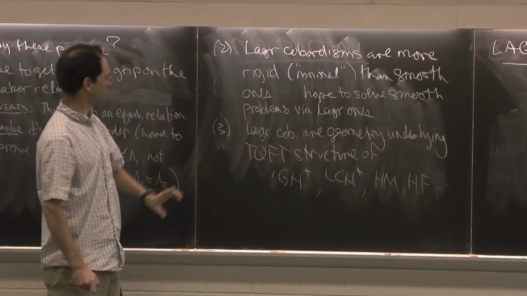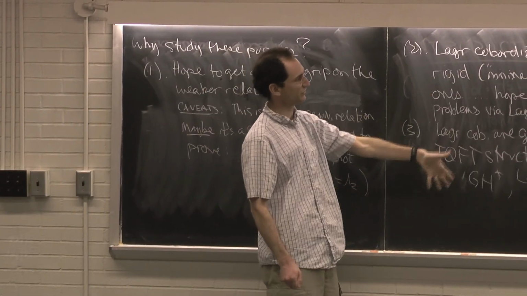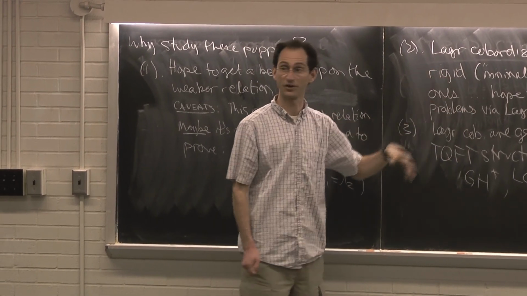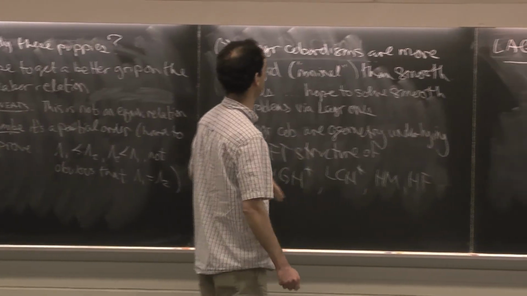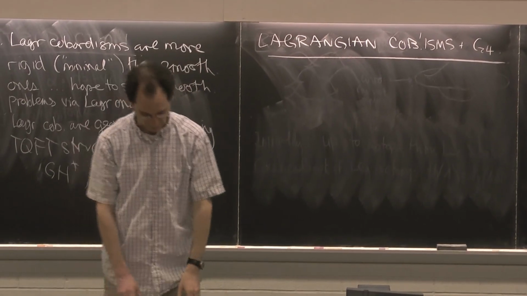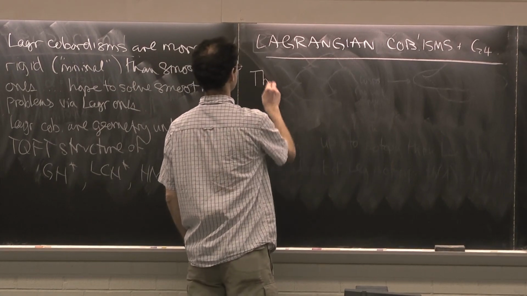By the way, for the rest of the talk I'm not going to talk about this part anymore, but I'll try to give you a taste of what you can do along the lines of these second two questions. So with regard to the first question, let me talk to you about constructions of Lagrangian cobordisms and the four genus. Let's begin with the result of Chantraine.